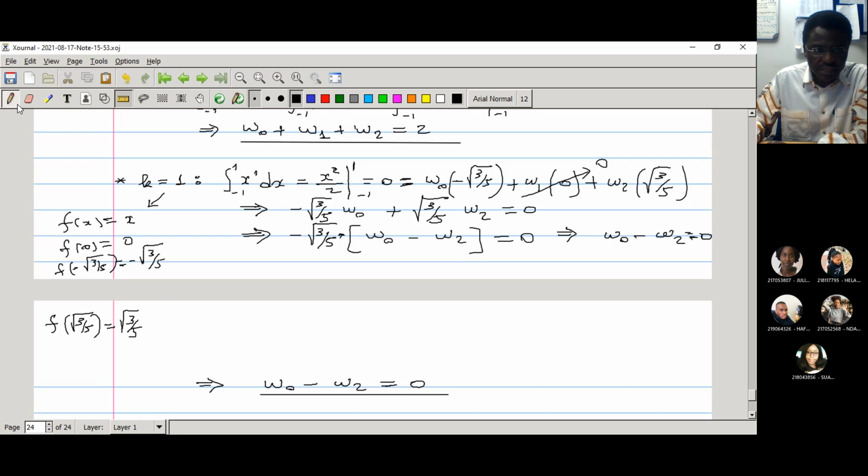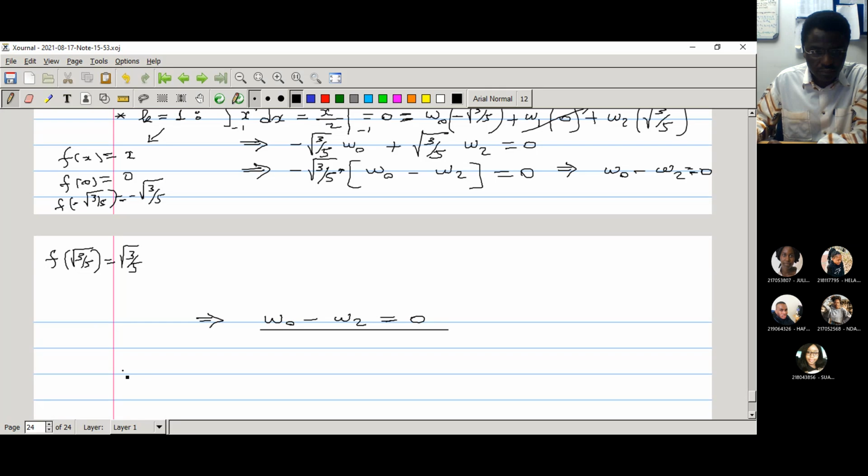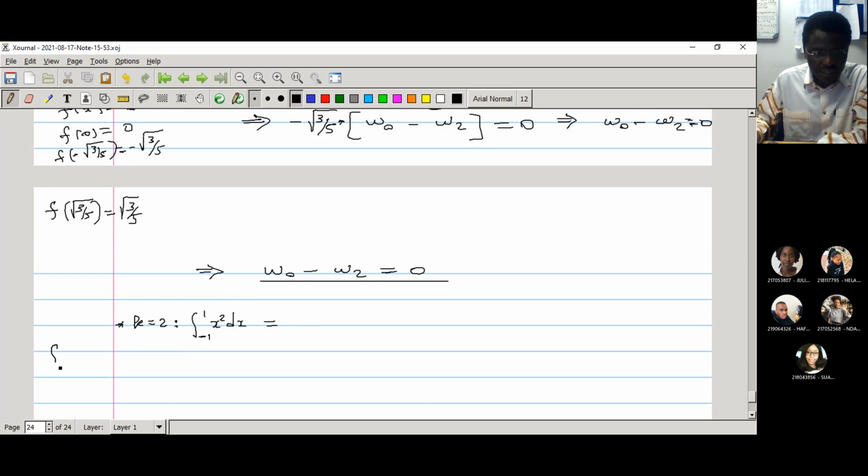Now, for the third equation, we take k equal to 2. And therefore, we'll be integrating. So here, let me see. f of x here is x squared. So whatever the argument is, I square it. That's what this means.